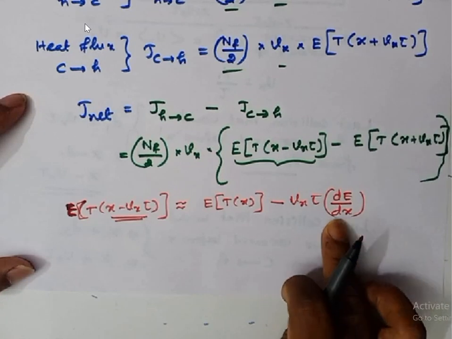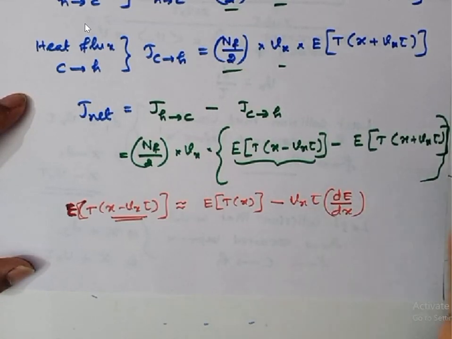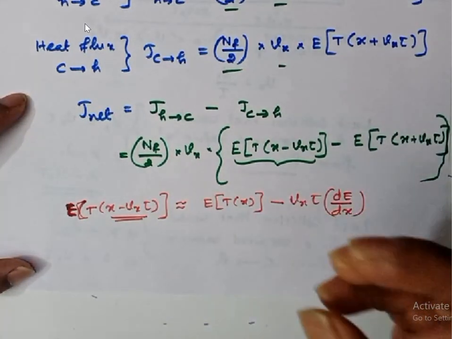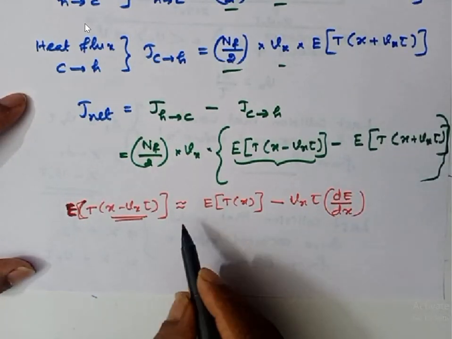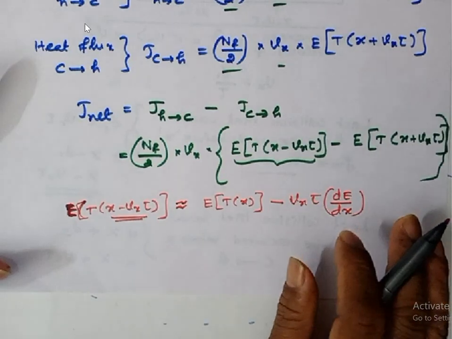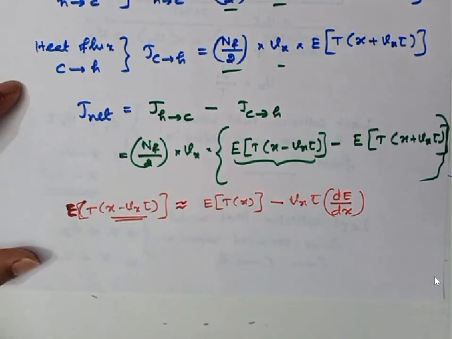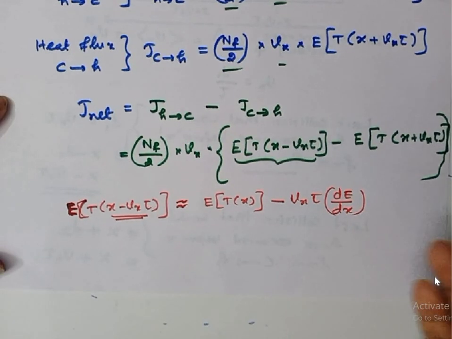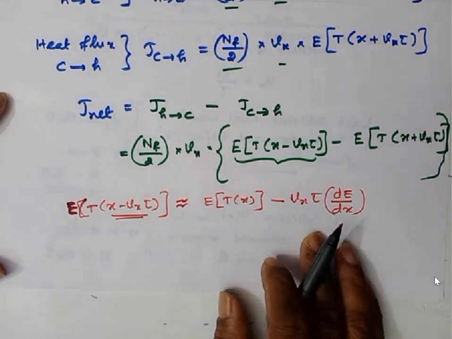If you include the second derivative, third derivative and higher derivative terms, yes, you will get a very good energy, but it was said that taking up to the first derivative itself will give you a very good result. So you need not worry about the second derivative, because the contributions of the other higher derivatives are negligible. Clear?